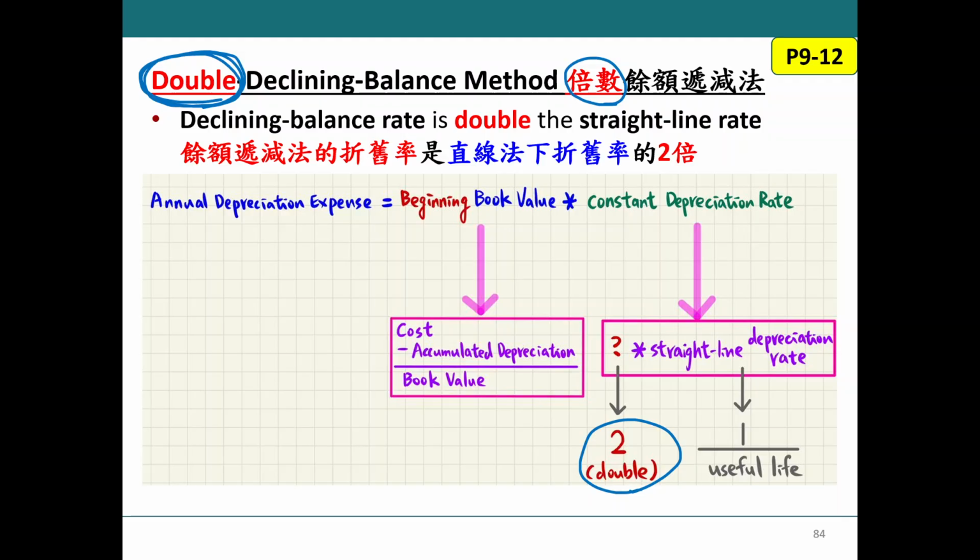Okay? So when I look at double declining balance method, I know the number I choose is 2. For the others, we don't have another name. So it's quite common to use this number 2.